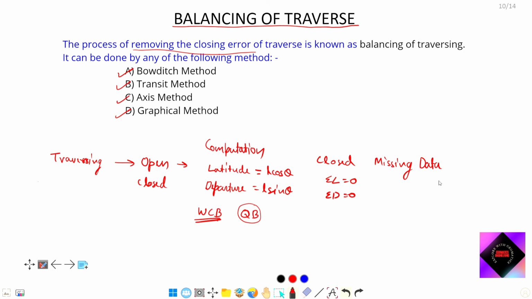Then after this, if summation L and summation D are not equal to 0, then it causes an error, that is called closing error, and it equals E, that is E equals under root of summation L square plus summation D square. So this much we have learned in this video, and balancing of traverse we will see in the next video.